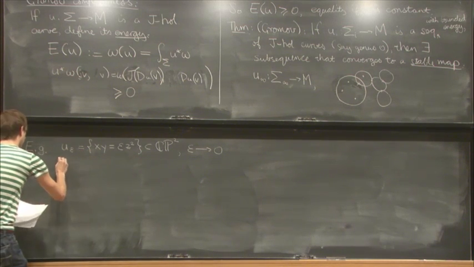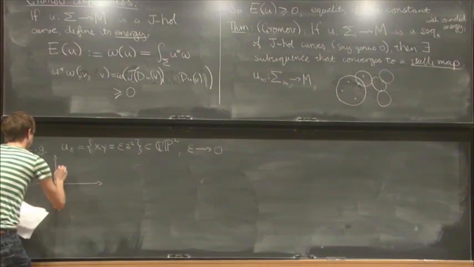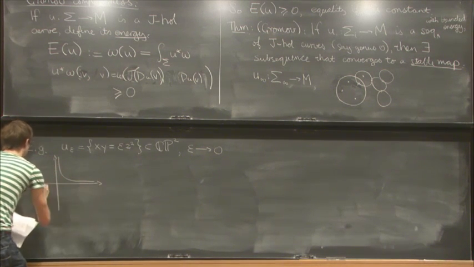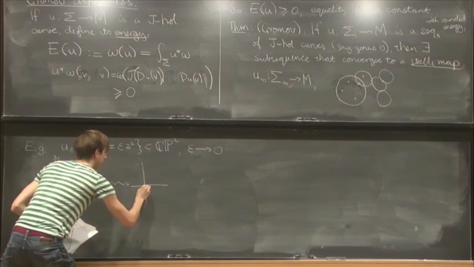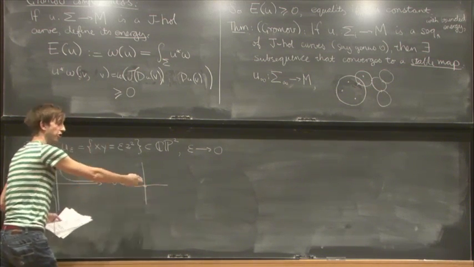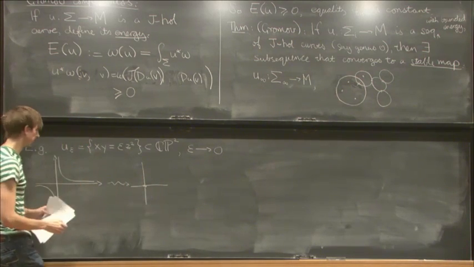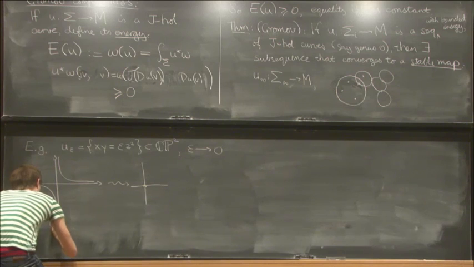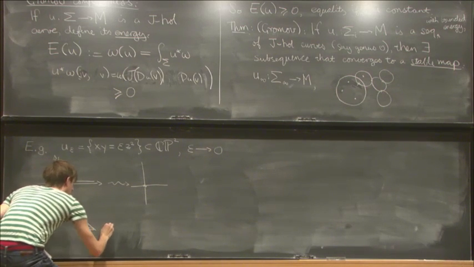And in the limit, as epsilon goes to 0, this thing converges to two copies of CP1 with a node connecting them. You can also see it in a toric picture.